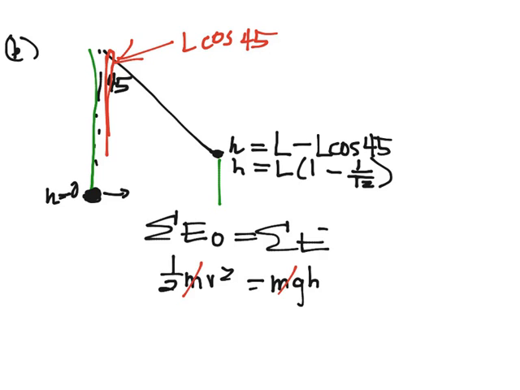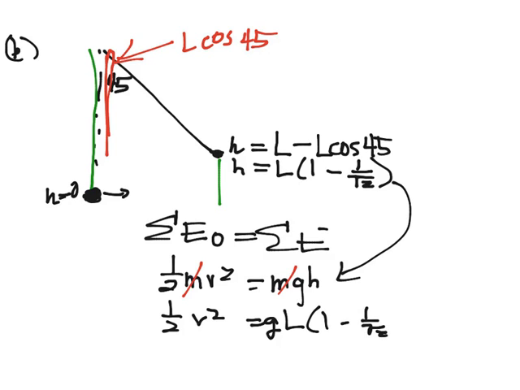Now these m's go away, and the height we're going to replace, remember, with L times 1 minus 1 over root 2. So we have 1/2 v squared is equal to g times L times 1 minus 1 over root 2. Okay, we can find a number for this, and it's about 0.292.